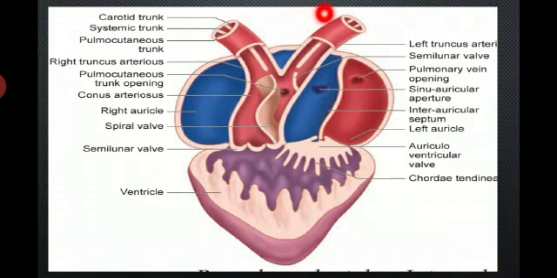Okay? So next we have to study the oxygenated blood coming back to the heart from the lungs. So oxygenated blood and deoxygenated blood, two types of blood are received in the heart. Oxygenated blood comes back to the heart from the lungs region. From the lungs region, the left side pulmonary vein receives the oxygenated blood.